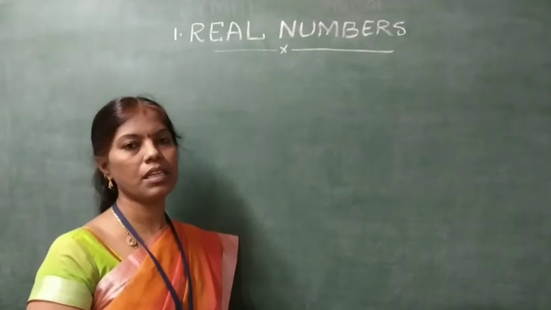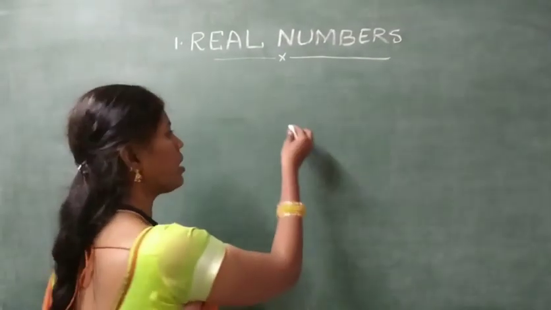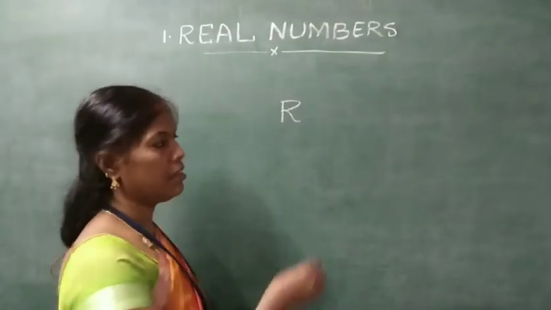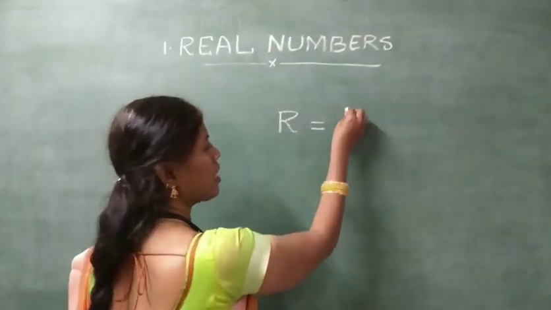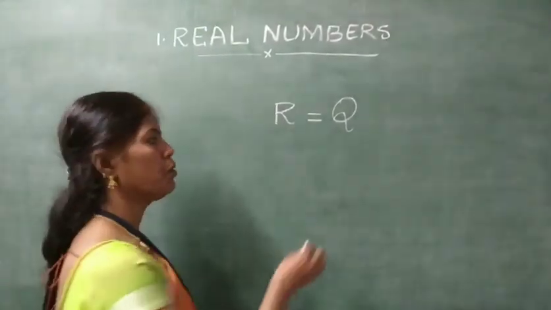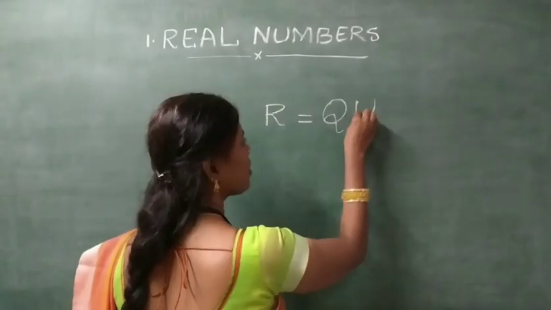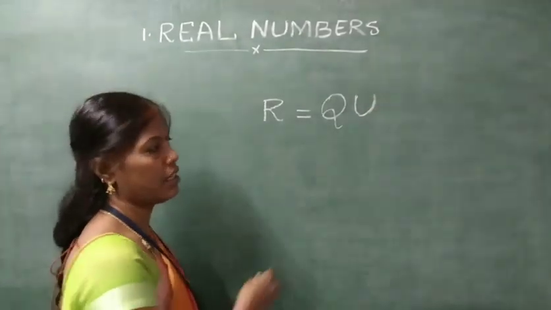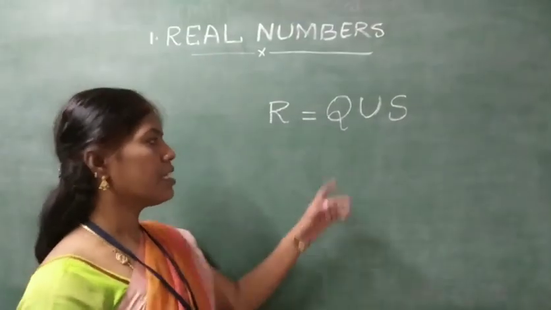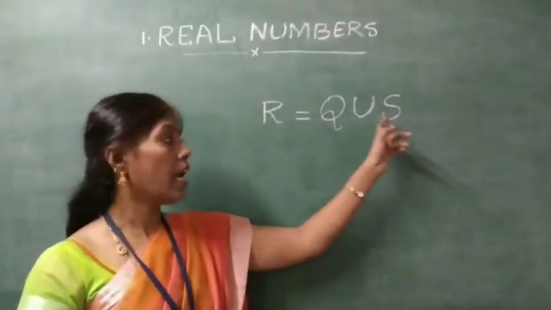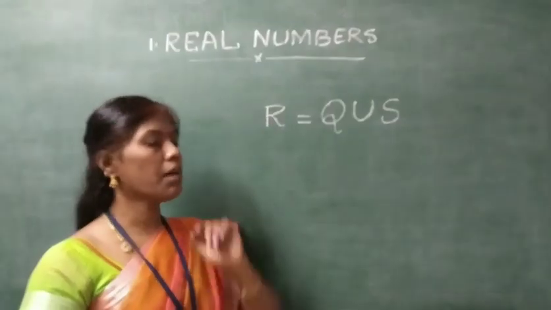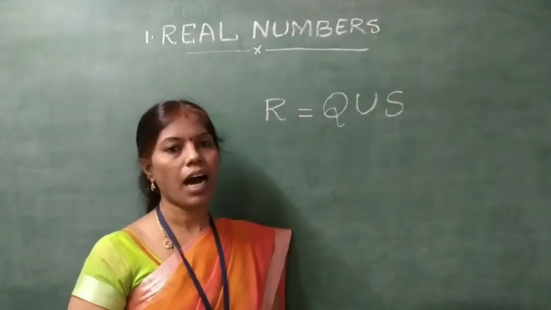Real numbers are denoted by the letter R. That is nothing but the set containing rational numbers, denoted by Q, union, denoted by U, and S, which is nothing but irrational numbers. The set comprising rational and irrational numbers is nothing but the real numbers, denoted by the letter R.